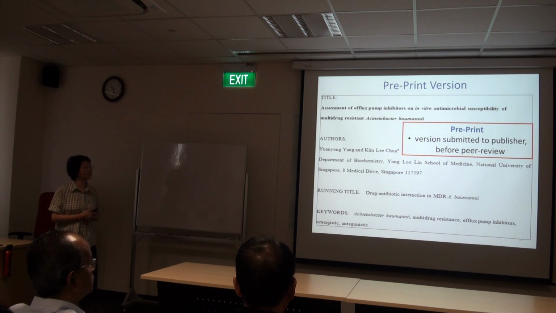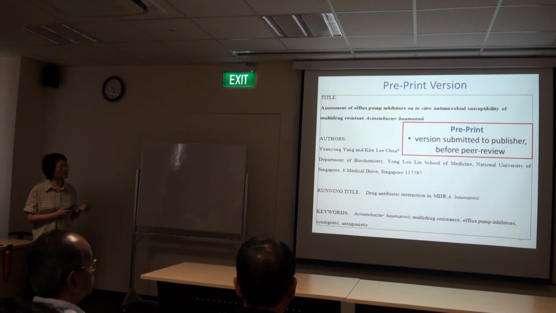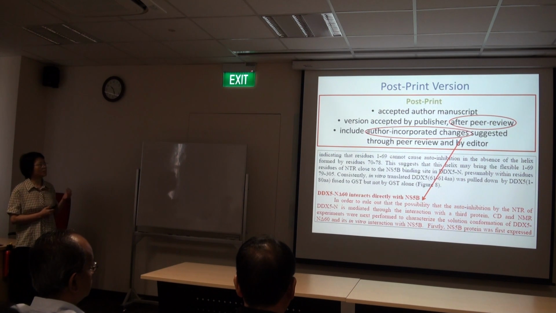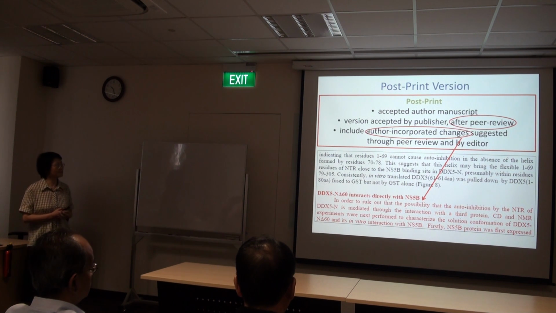Okay, what is the preprint version? It is the version that is submitted to the publisher, the version that you first send off to the publisher before peer review. Okay, this is an example. What about the postprint? The postprint is also known as the accepted author manuscript. It is the version after the peer review process, and it will incorporate the author-made changes suggested through the peer review and by the editor.